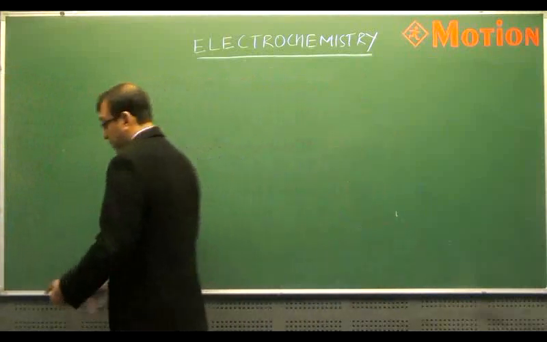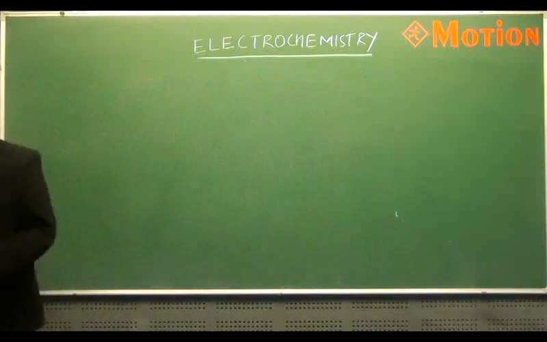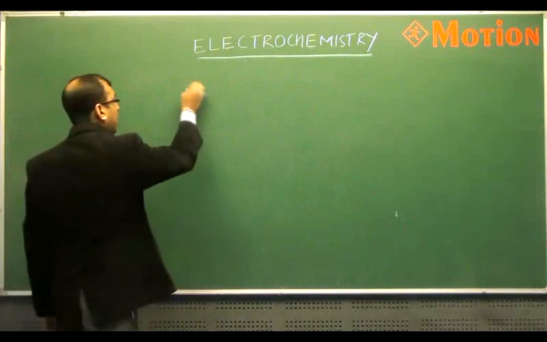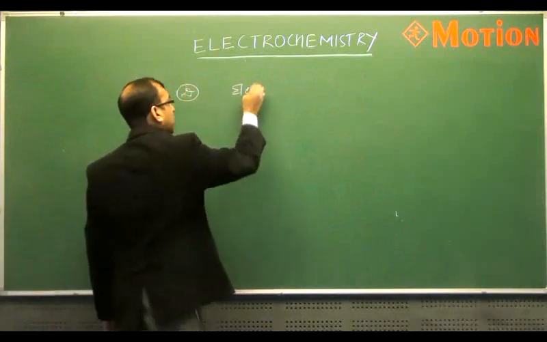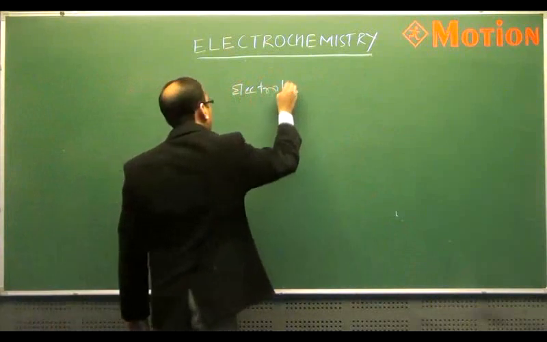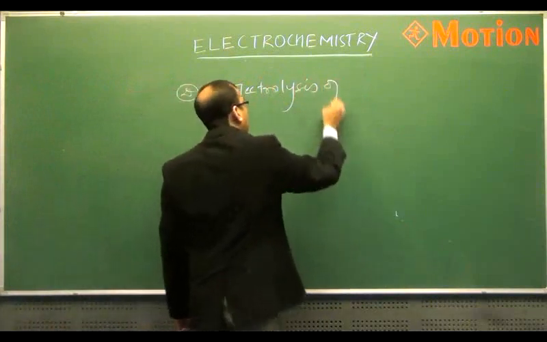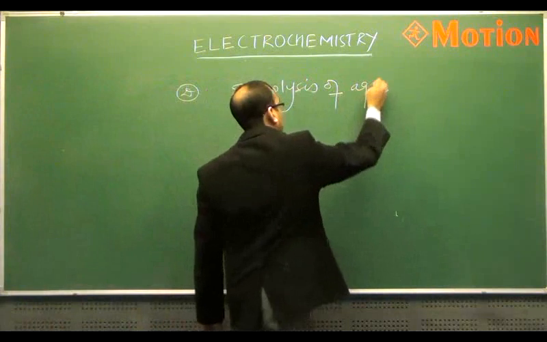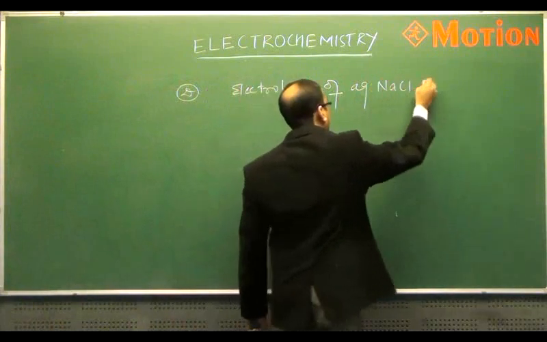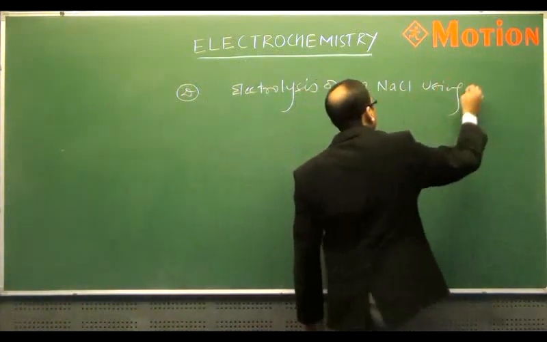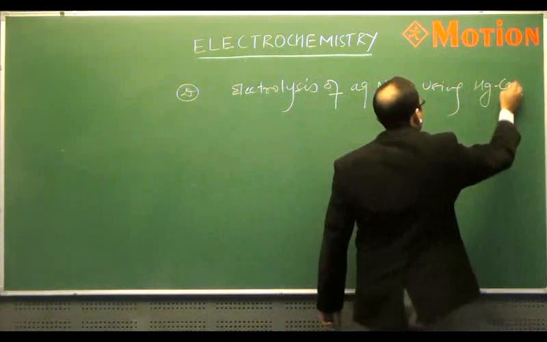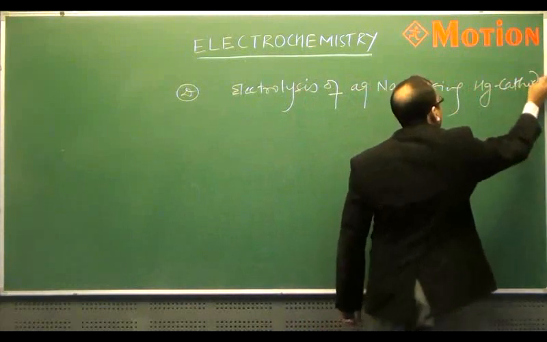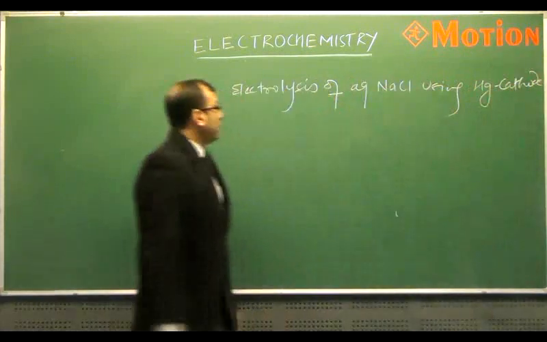So far we have discussed three cases in electrolysis. Now we are going to discuss case 4, case D, that is electrolysis of aqueous NaCl using mercury cathode.